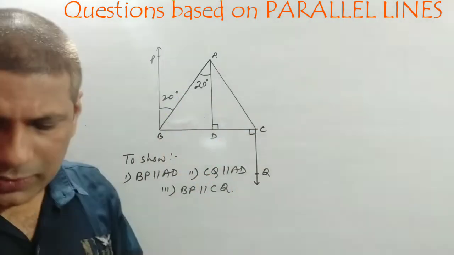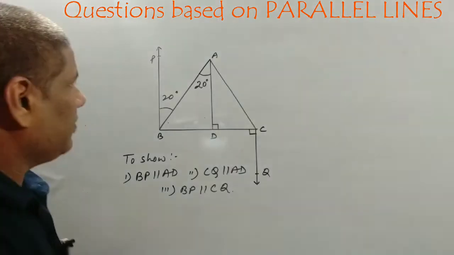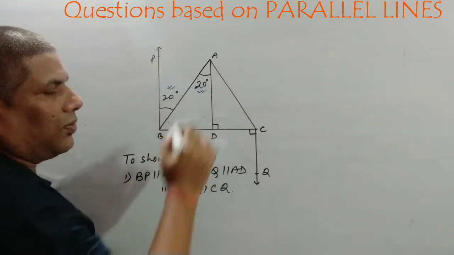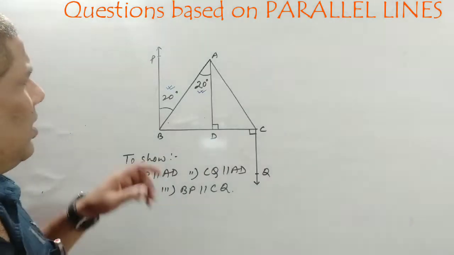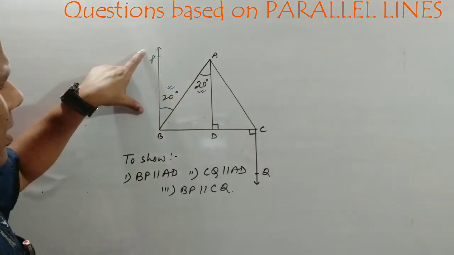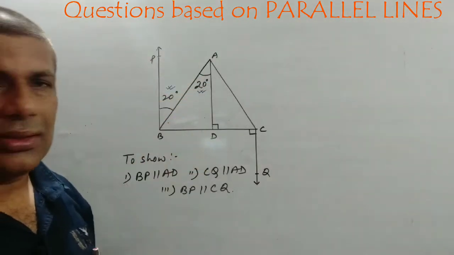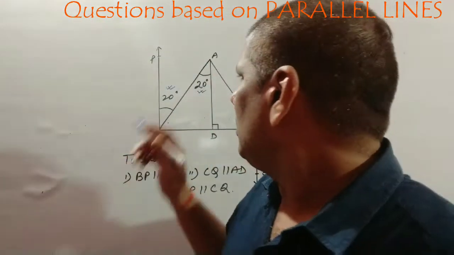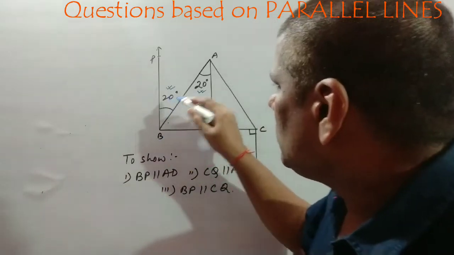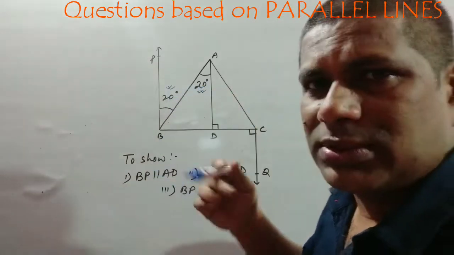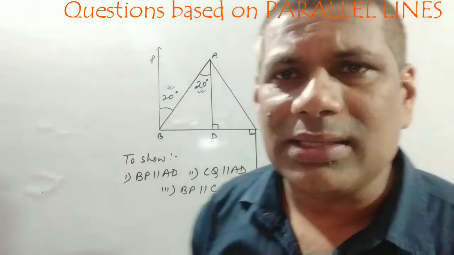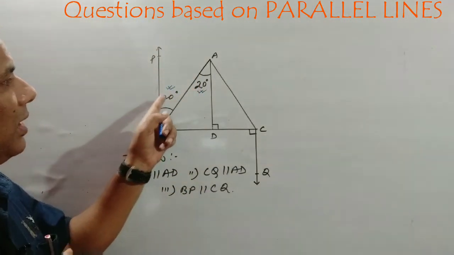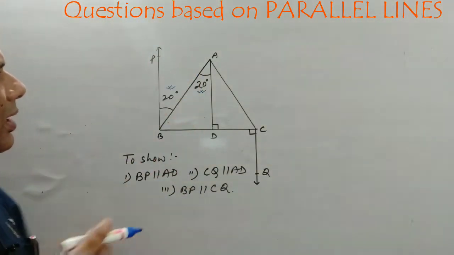So again, in the same way we will see, since this angle and this angle are equal, can we find out the relation between the two lines? Here PB and AD are two lines and AB is the transversal. So these two angles are equal. We have studied in the property of parallel lines that if two angles are alternate to each other and are equal, then these are parallel lines.